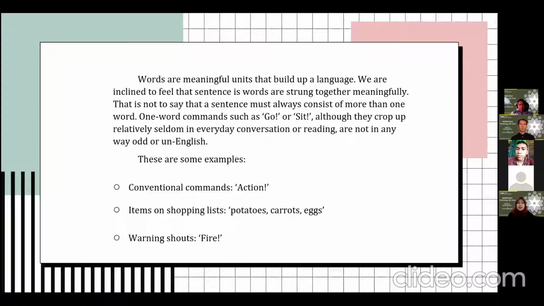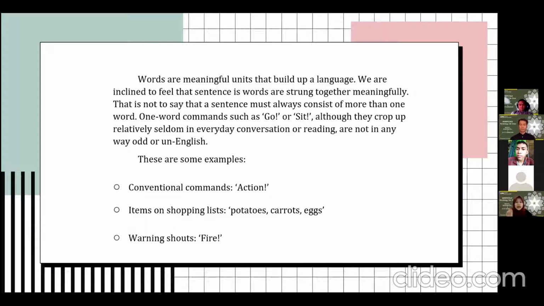For example, I say, I love you, to someone that I love. He can understand what I mean because I make a sentence with meaningful words. So that is how words are the building blocks of language.